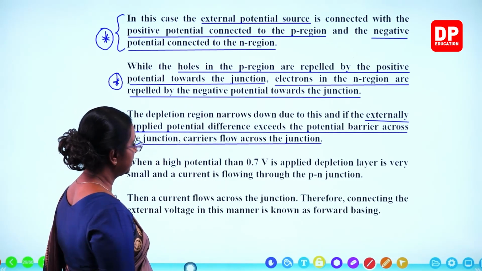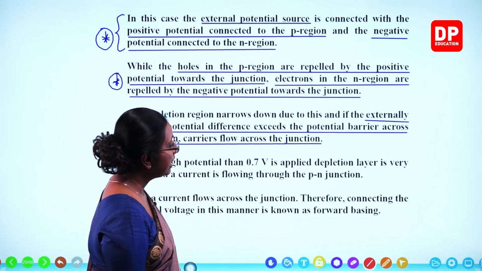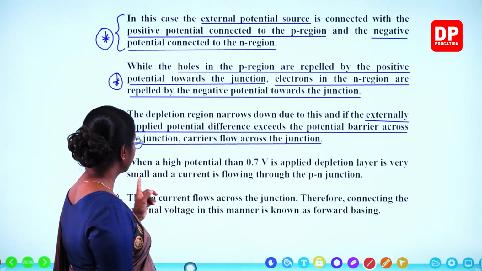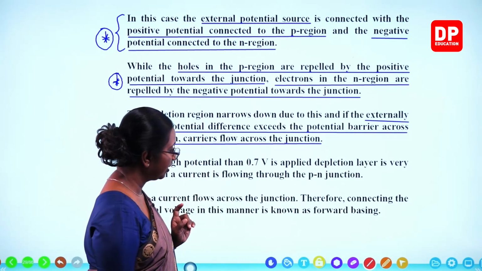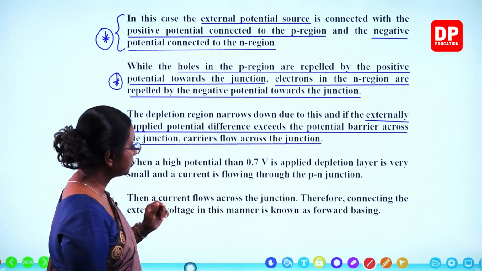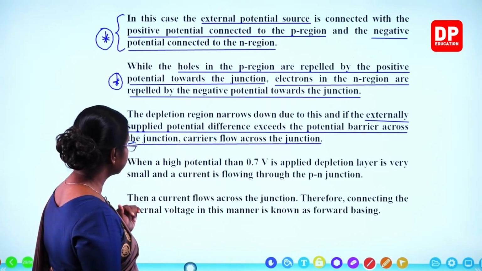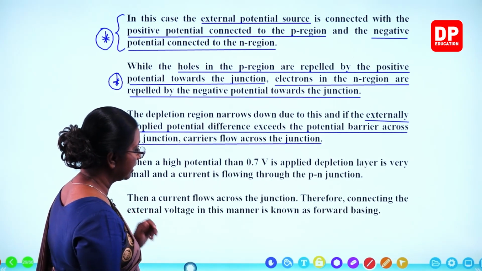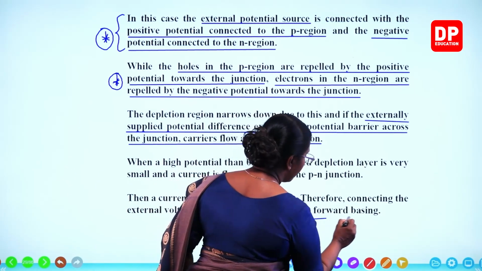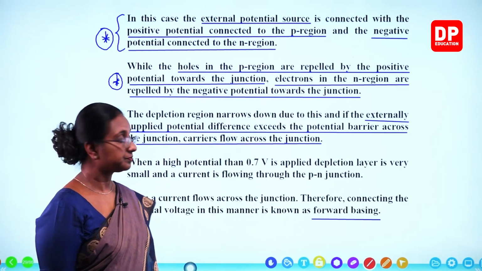When a potential higher than 0.7 volt is applied, the depletion layer is very small and a current flows through the PN junction. Therefore, connecting the external voltage in this manner is known as forward biasing. Is that clear?